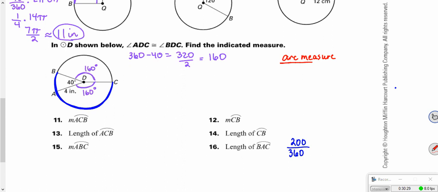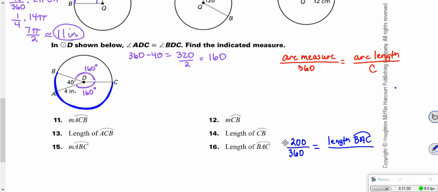Arc measure over 360 equals arc length over circumference. So now back to our problem. Our arc measure is 200, that's the 40 plus 160, over 360 equals the length we're trying to find, length of BAC, over the circumference.